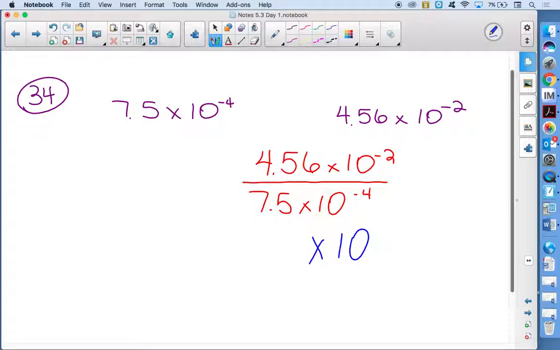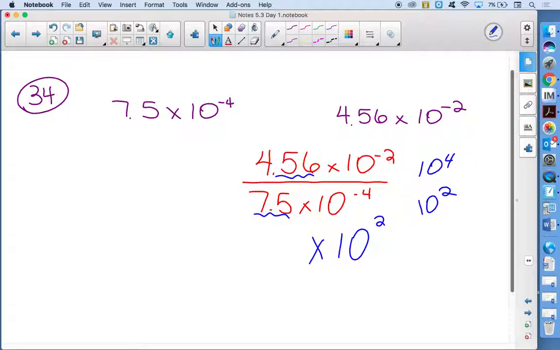Right, so technically you would be flipping these, so you would have 10 to the fourth and 10 squared. So that would be 10 to the second. Or you could think to yourself, -2 minus a -4 is really -2 plus 4, so that gives us 10 to the second. And then the two numbers in front, you're actually dividing those two numbers in front.